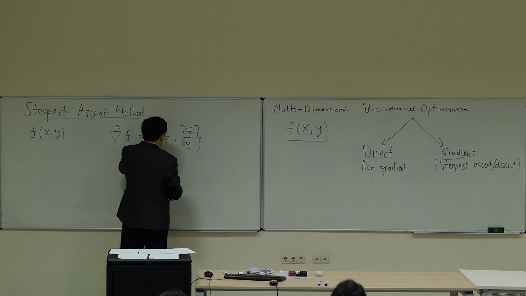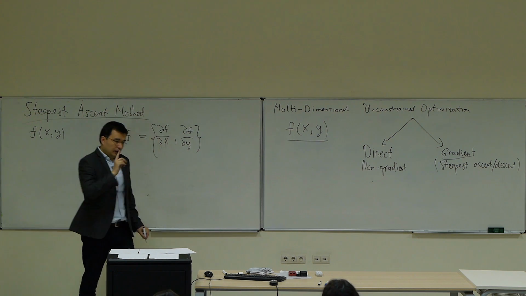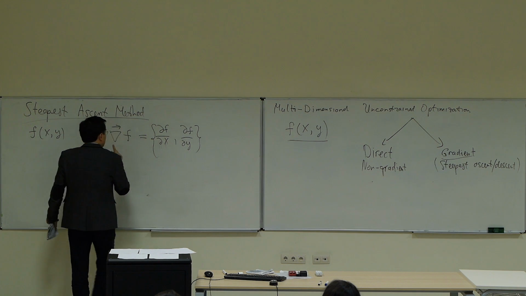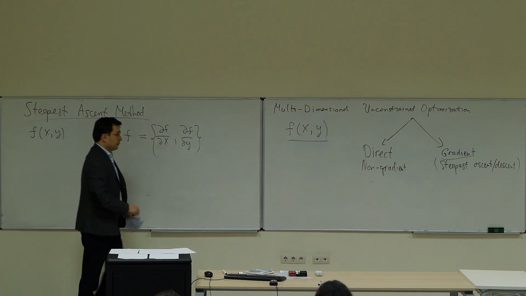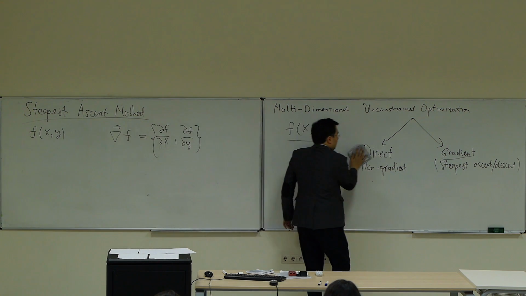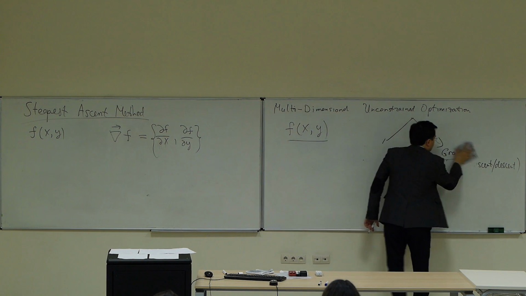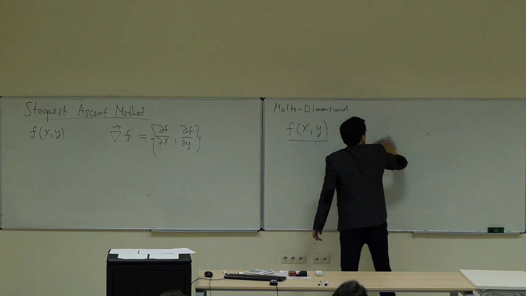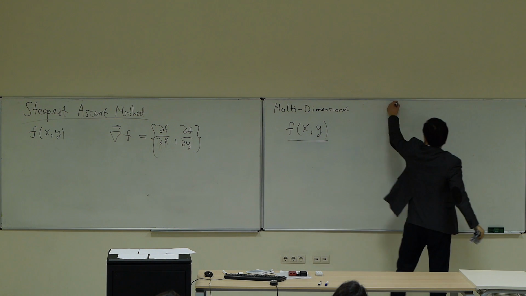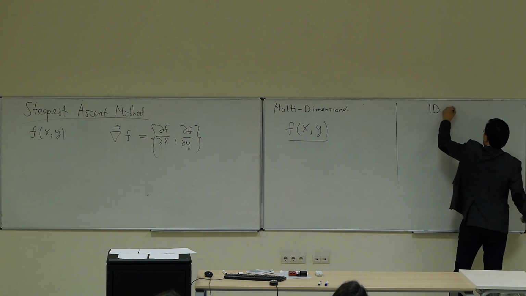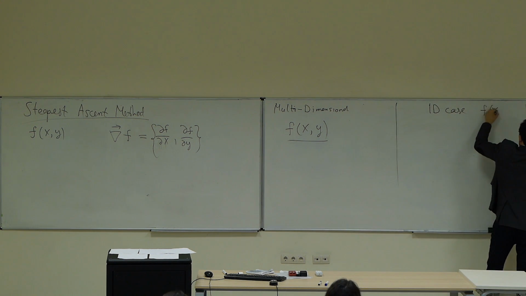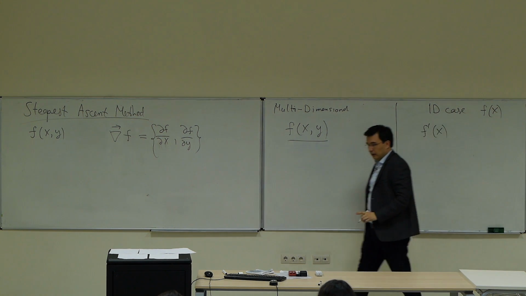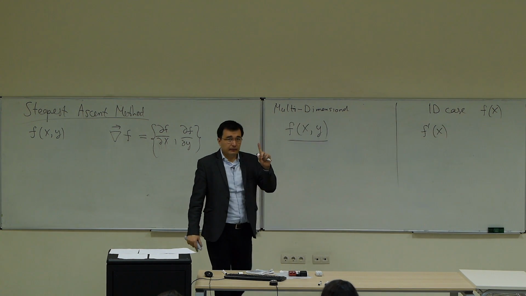Let's discuss the geometric meaning of this guy, okay? First of all, in order to do that, let's remind ourselves what is the meaning of the derivative in the one-dimensional case. What is the geometric meaning of derivative? All right, let's look at some 1D case. So we have a function f of x, and the derivative of this guy tells us two things.